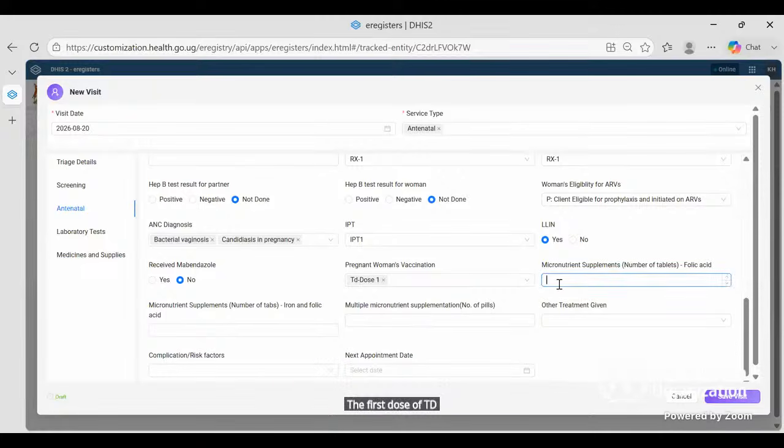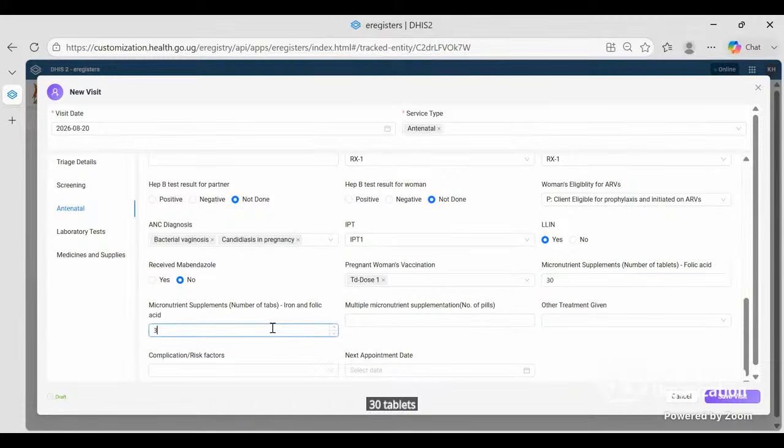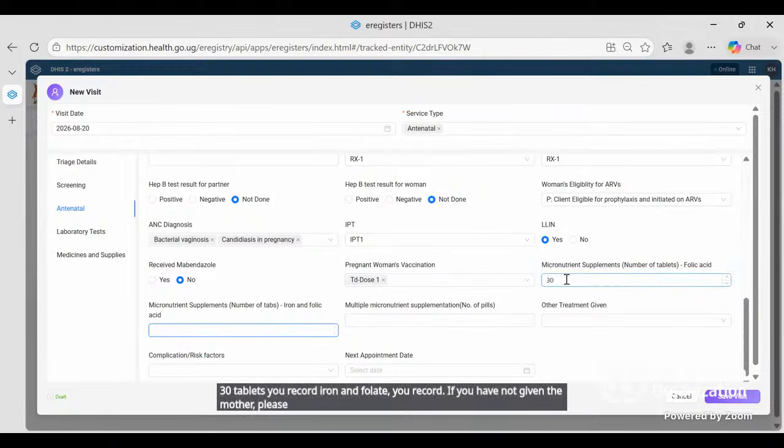Then we have the micronutrient supplementation. You are supposed to record how many tablets you've given the mother for these micronutrients, starting from folic acid. Assuming that you gave this mother 30 tablets, you record. Iron and folic, you record. If you have not given the mother, please do not be forced to record. You only record what you have given.